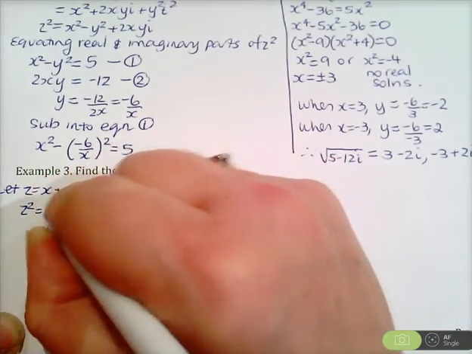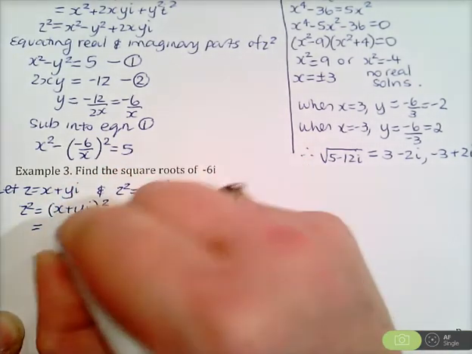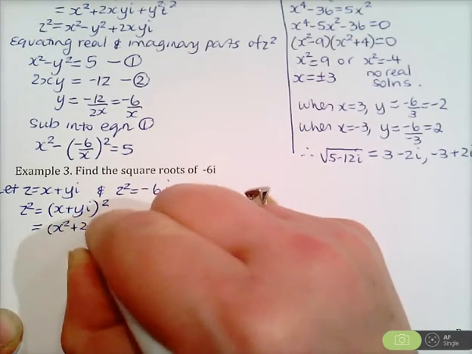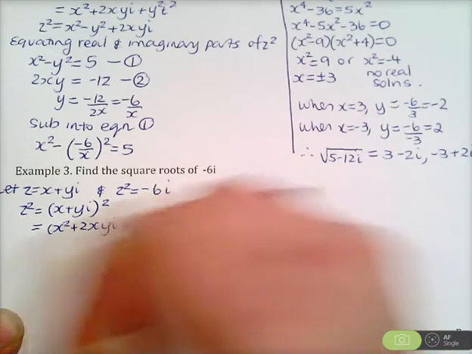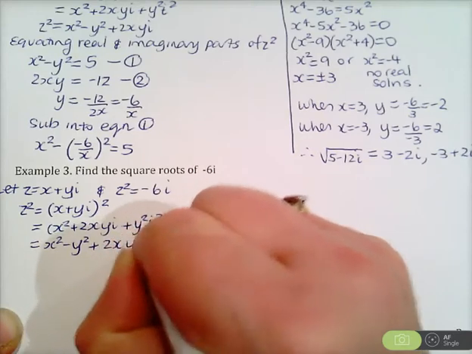We work out our expression for z squared, which you know you will get x squared plus 2xyi plus y squared i squared, which is x squared minus y squared plus 2xyi.